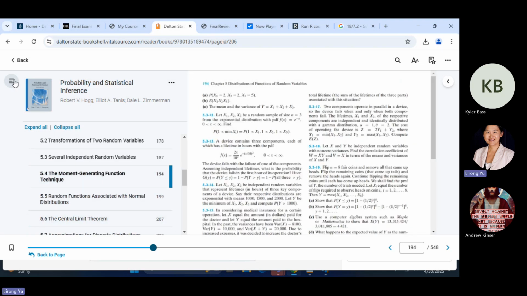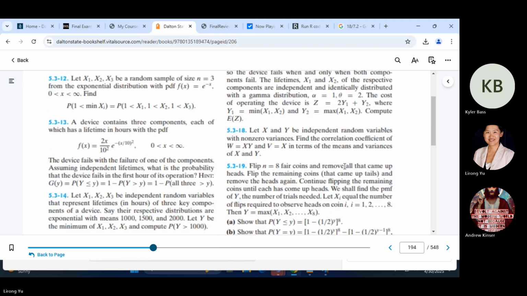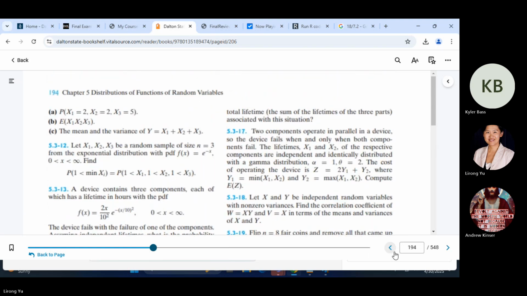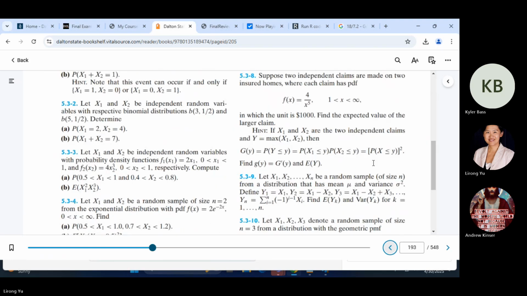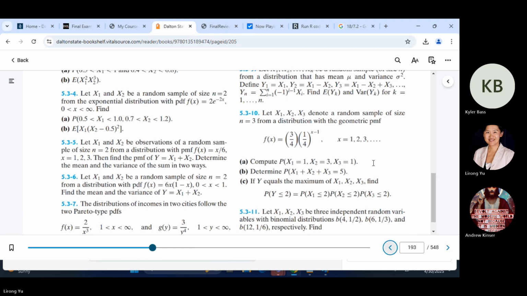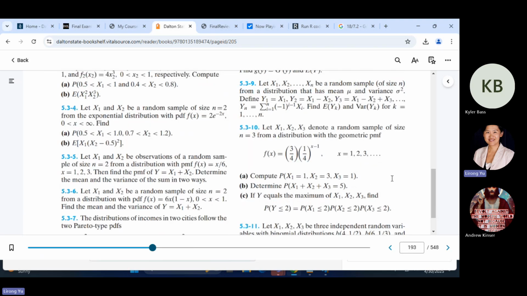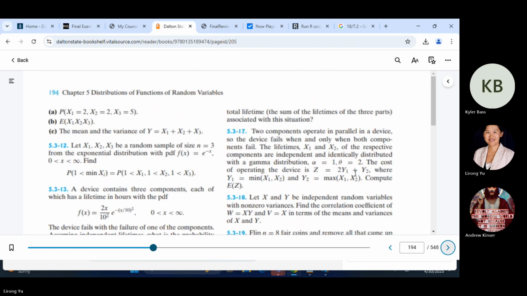We also learned moment generating functions. So kind of like 5 and 6. An example for this.